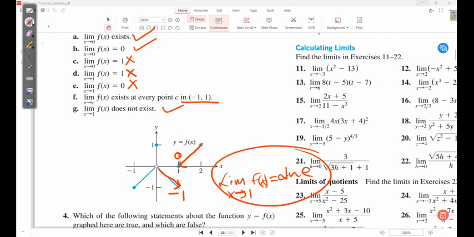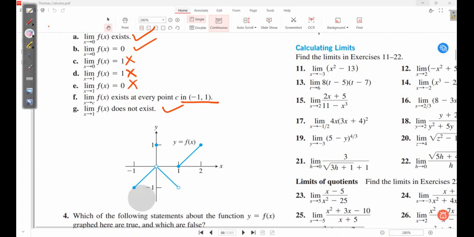Let's now answer F. The limit as x approaches any point C exists at every point between negative 1 and 1. Now you ought to be very smart about this. The limit exists at every point C in negative 1, 1. Is that true?